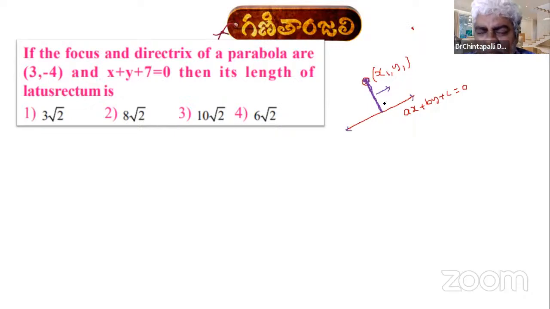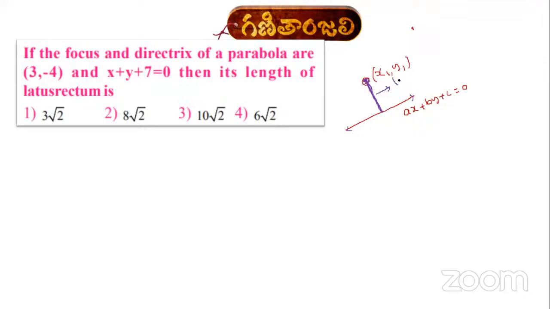Who can say the formula? Please tell, what's the formula to find perpendicular distance? Modulus of a into x1 plus b into y1 plus c, by root over a square plus b square.